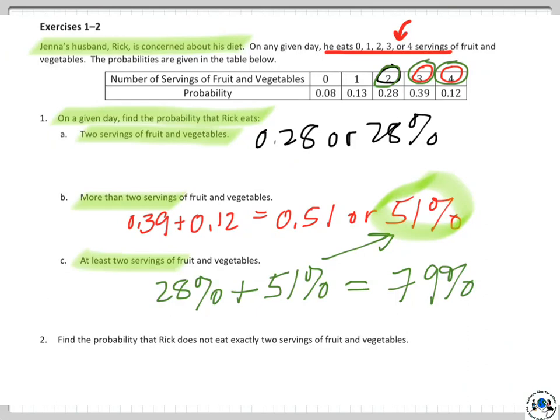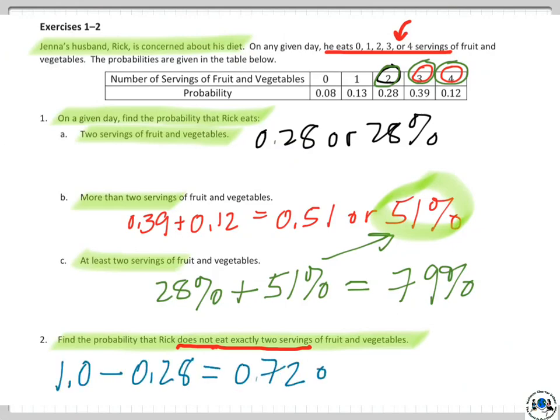So 79% or 0.79. And then finally, find the probability that Rick does not eat exactly 2 servings. This is what we talked about at the end of that last exercise. And that, of course, was 1.0, or 1 whole, 100%, minus 0.28, 28%, and we get 0.72, or 72%. So there's a 72% chance that Rick does not eat exactly 2 servings.